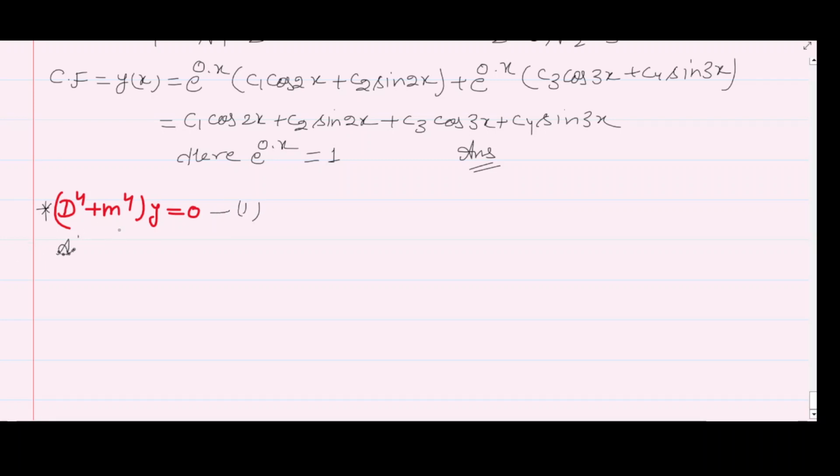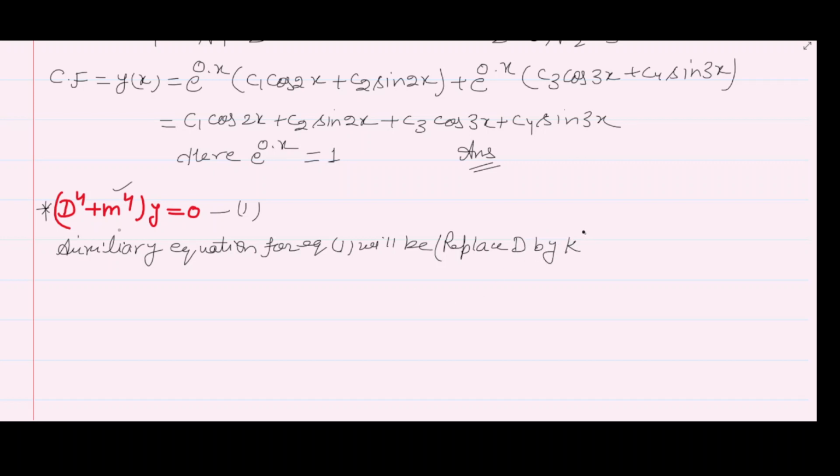Auxiliary equation for equation 1 will be, so normally in the auxiliary equation we replace D by m, but here m is already given, so we will take another variable, replace D by k.